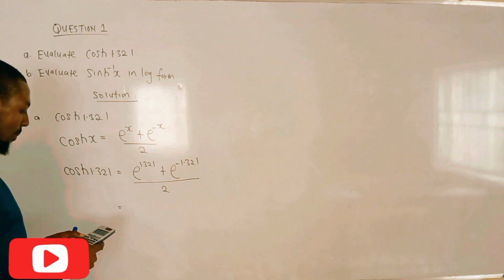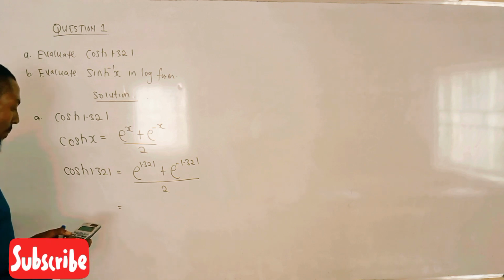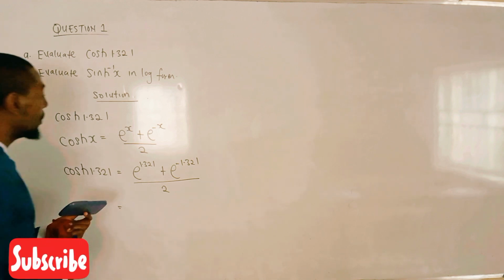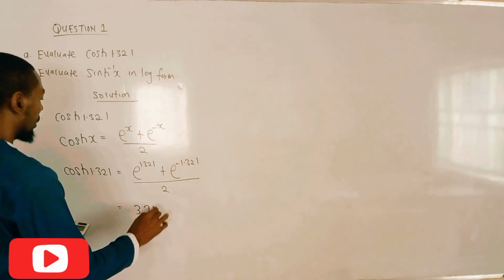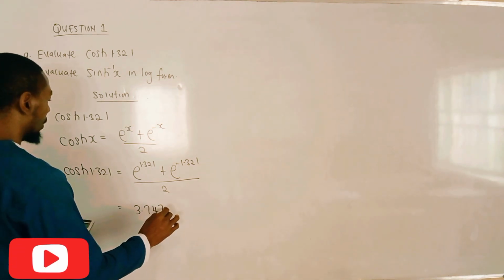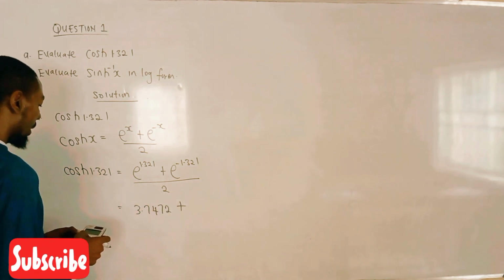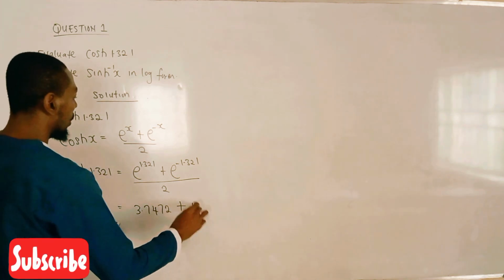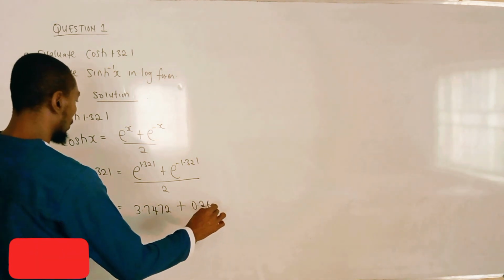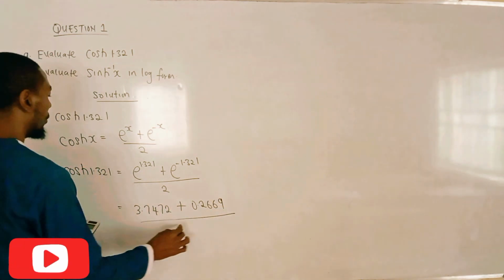Then, using the calculator, exponential 1.321 will give us 3.7472. Then plus the negative will give us 0.2669, all over 2.